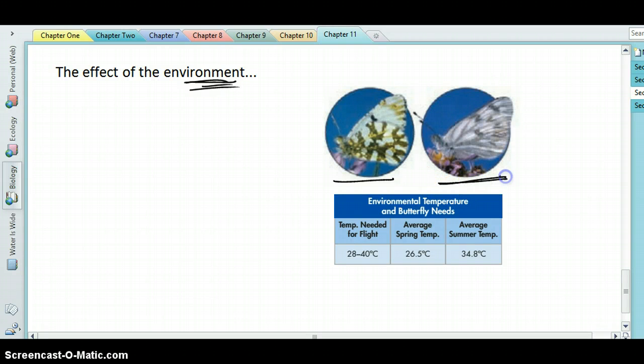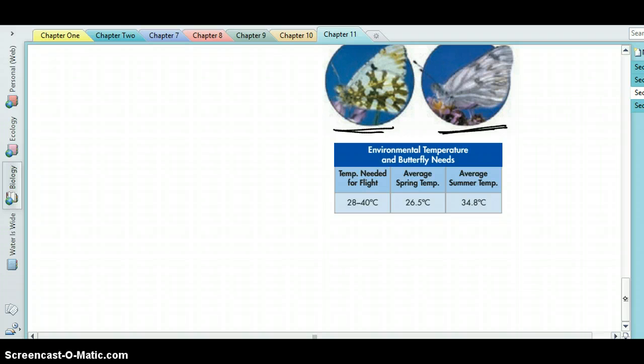Whereas in the summertime, you don't need that extra help warming up, so you tend to be individuals that have the lighter colored wings so you don't get overly hot. So again, same genotype, but it can be expressed in different ways depending upon the time of year that they hatch out. Okay, so there is section 3.